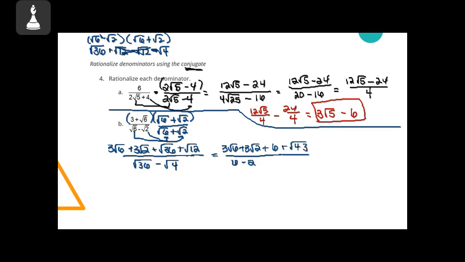The square root of 4 is 2. And then we have a square root of 3 there. And then on the bottom, 6 minus 2 is 4. And at this point, if they don't all reduce nicely, I'm not going to break them into individual pieces and reduce them. So that is going to be the final answer for this guy.